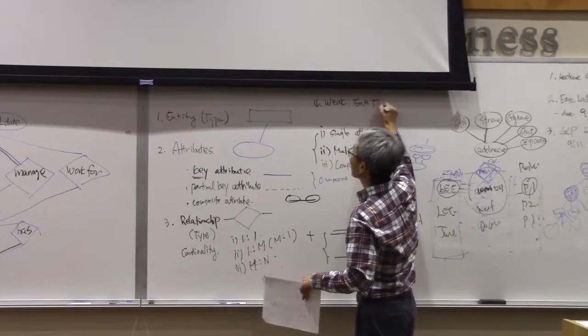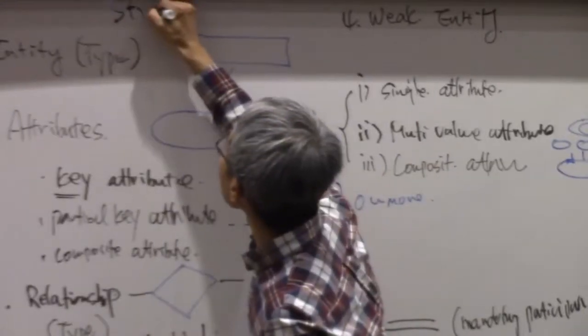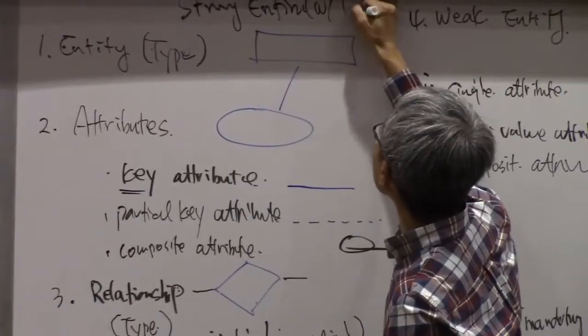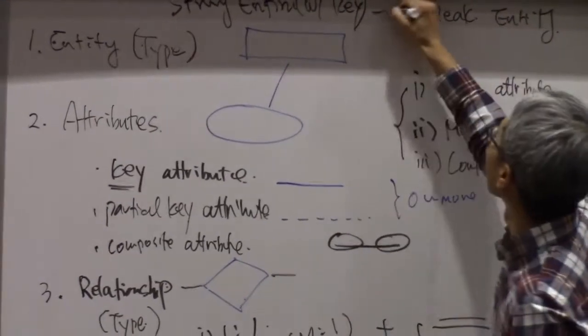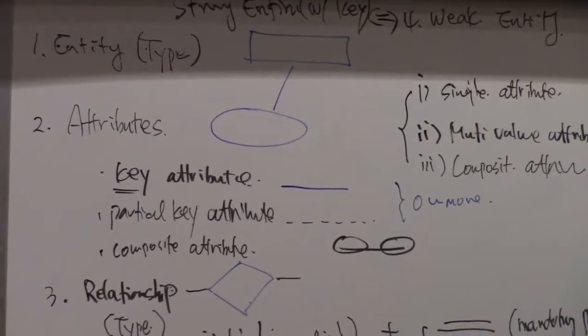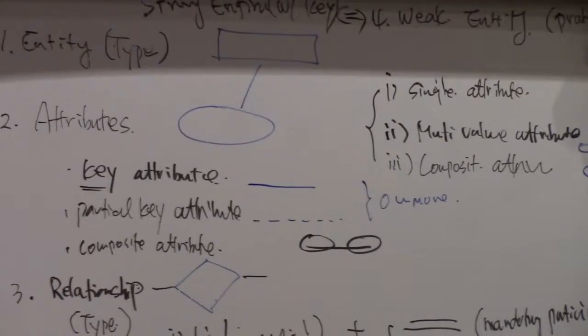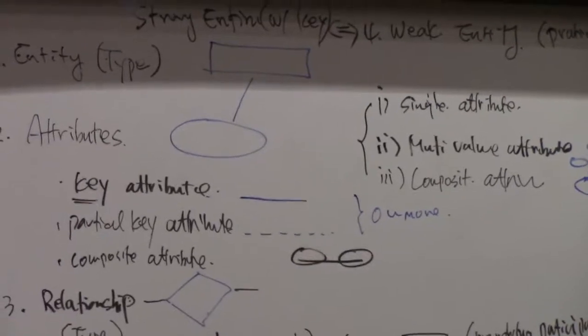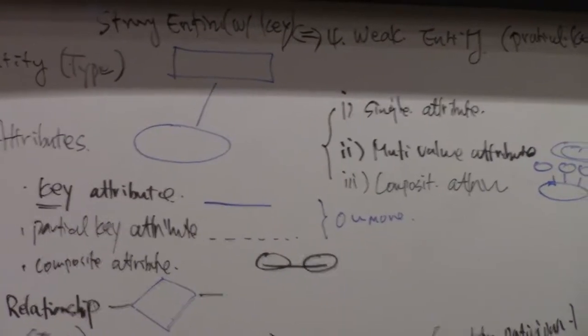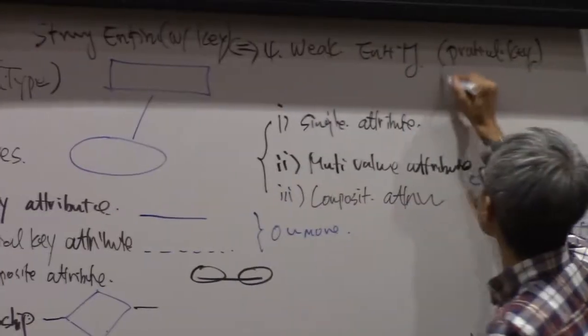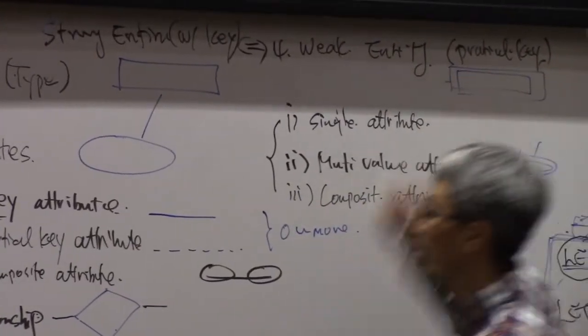So weak entity means the other one is strong entity. Strong entity means with key, at least one key. But the weak entity does not have one, or only a partial key. To represent this weak entity, we can use a double rectangle.